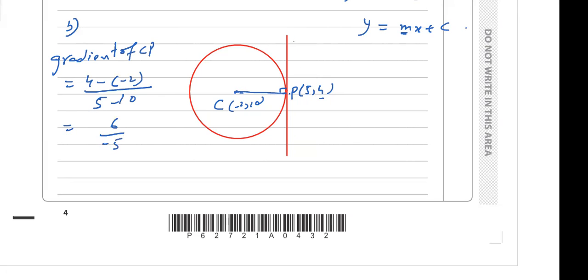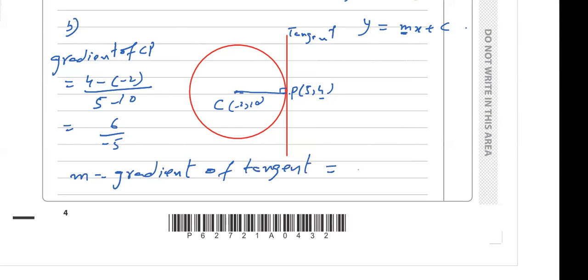Now, this is the tangent. The tangent is perpendicular to this radius. So what will be the gradient of the tangent? Let's say m is the gradient of the tangent.